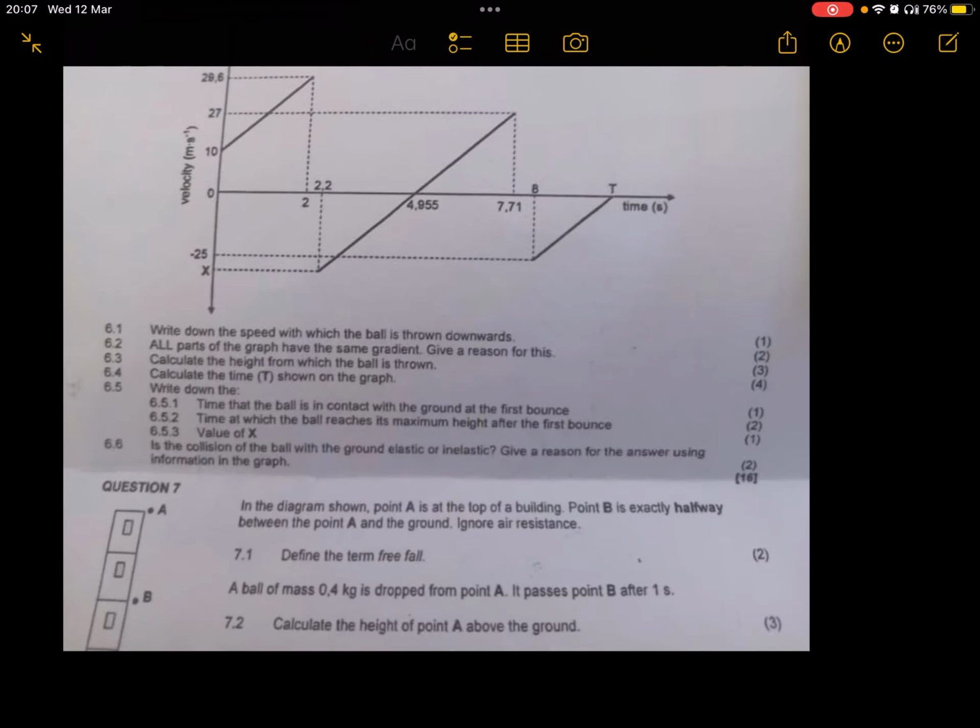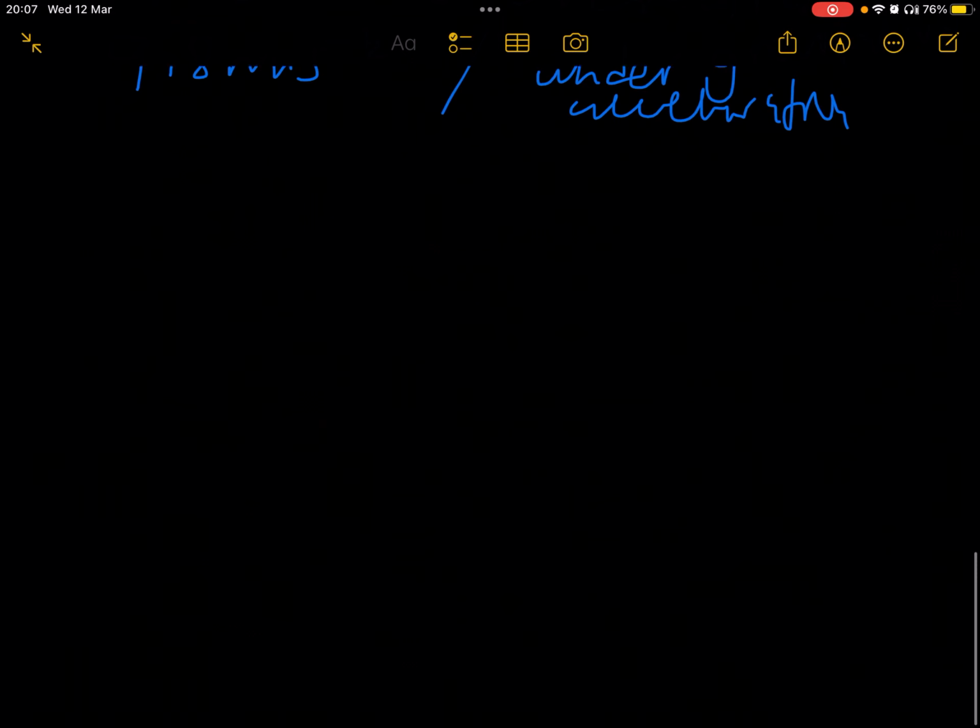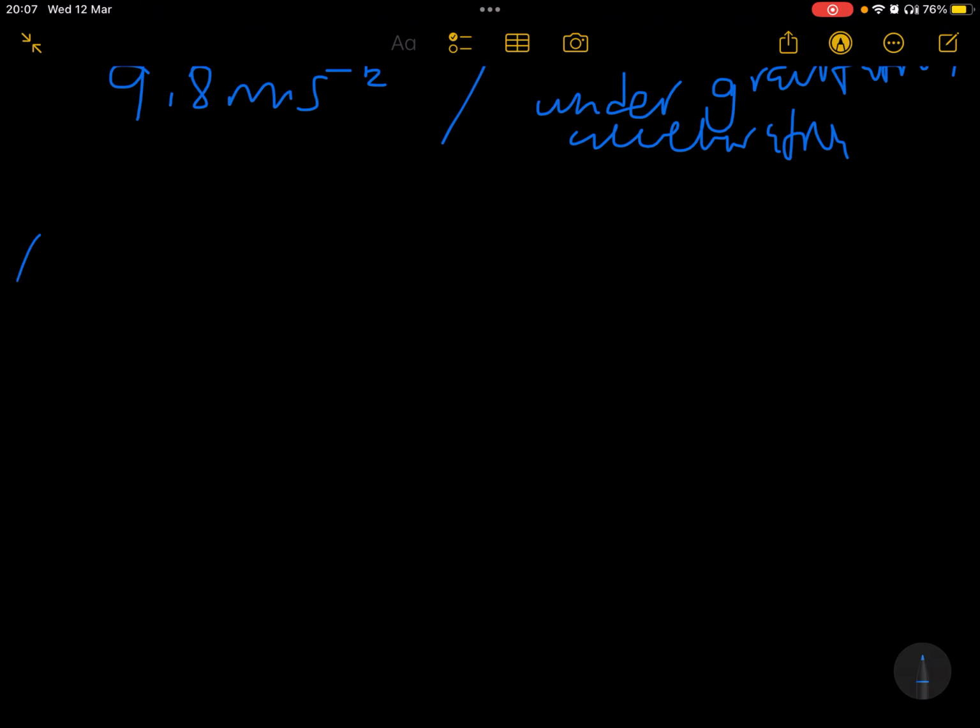6.3. Calculate the height from which the ball is thrown. The ball is thrown with the velocity 10, downwards is positive. The ball is thrown and hits the ground.